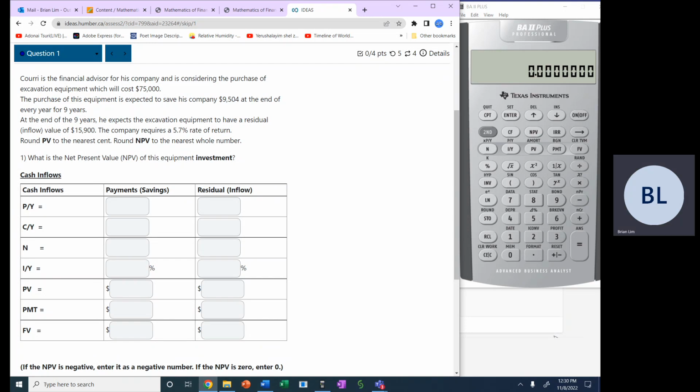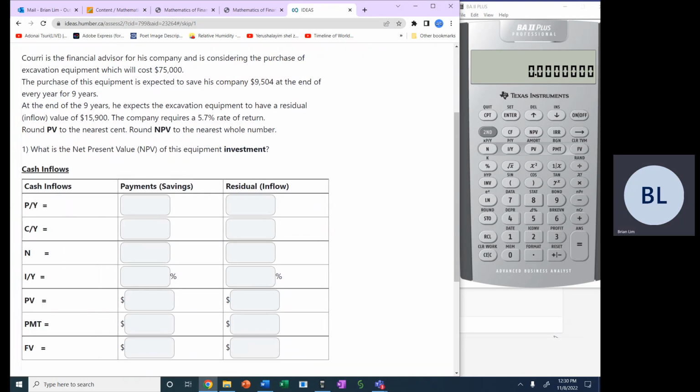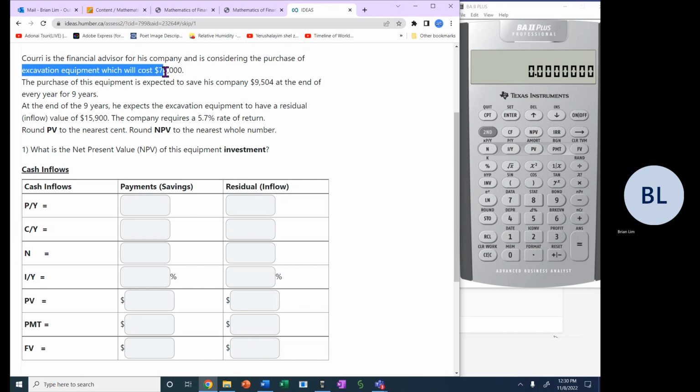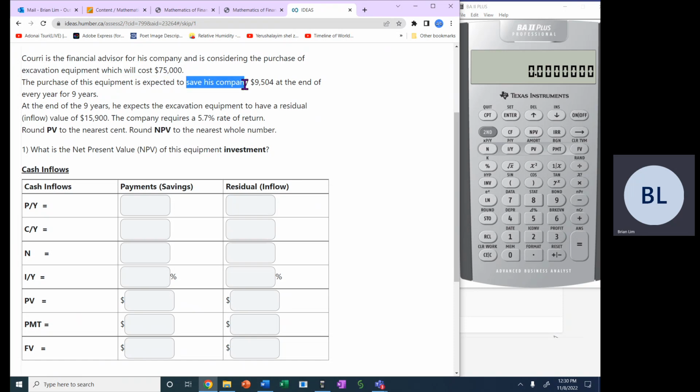Khoury is the financial advisor for his company and is considering the purchase of excavation equipment, which will cost $75,000. Okay, the purchase of this equipment is expected to save his company $9,504 at the end of every year for 9 years.